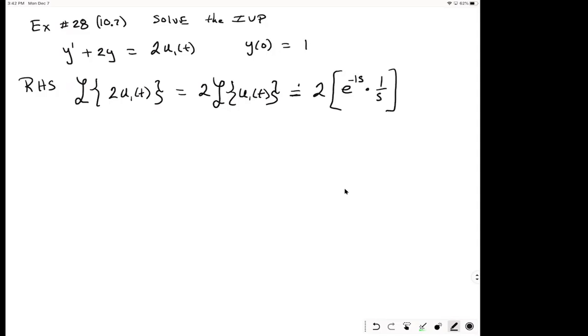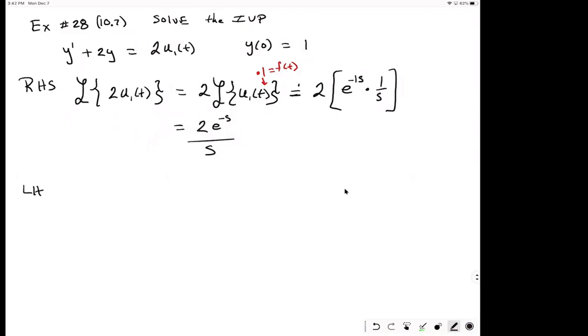Be careful not to miss that part, because this is really being multiplied by a 1 here, so the function of t equals 1. So don't forget that part. If I simplify this, I have 2 times e to the minus s all divided by s.